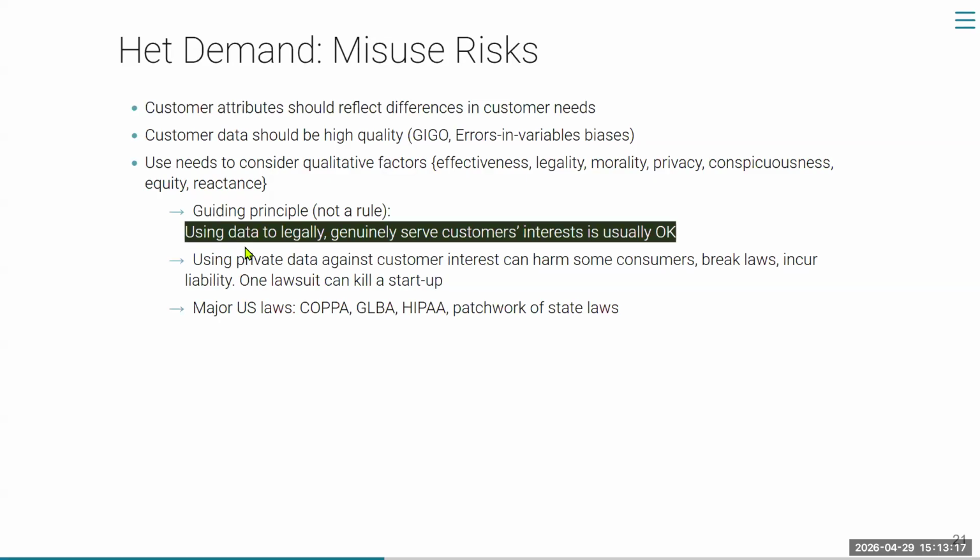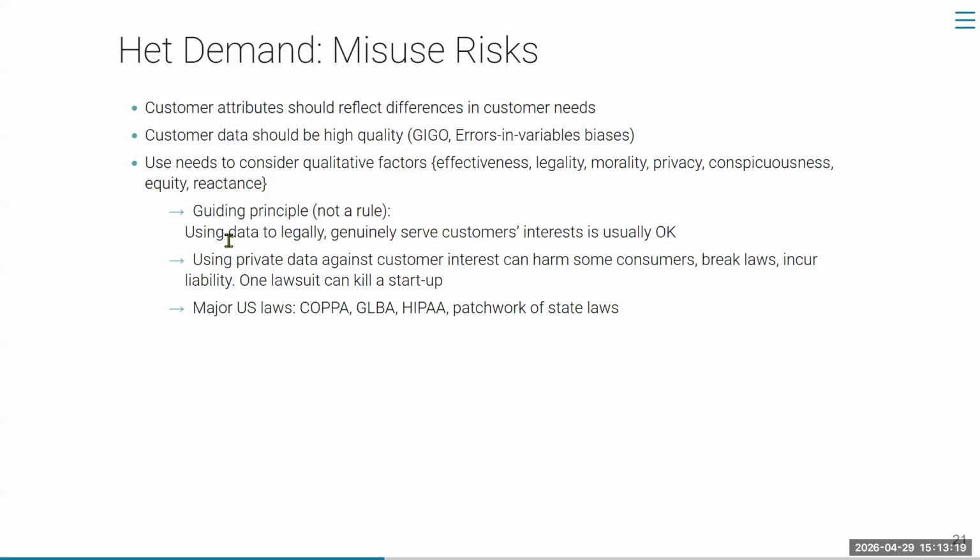The principle I would offer is if you are using customer data in a way that both legally and genuinely serves customer interests, you're probably going to be fine. This gets a little slippery because the word genuinely, who's to say, right? If you have motivated reasoning, you may come to a definition of genuinely that you might not if you were outside the company.